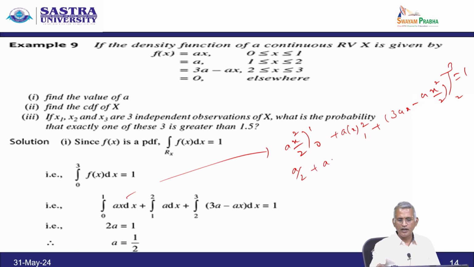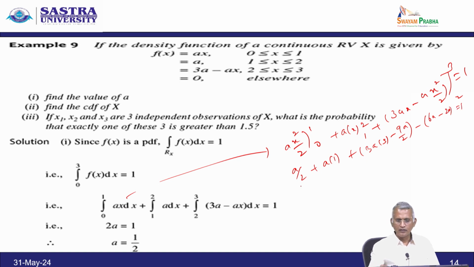For the second one, a into 2 minus 1 is 1. For the third one, the upper limit is 3, therefore 3a into 3 minus 9a by 2, minus, for x is 2, 6a minus 4a by 2, which is 2a, equal to 1.